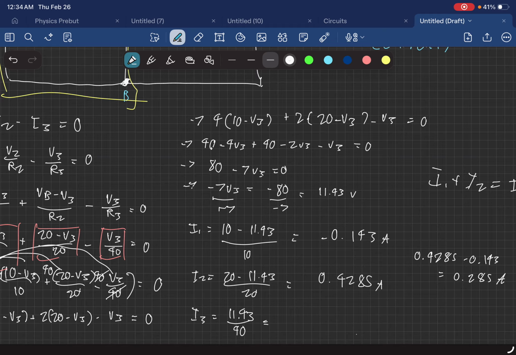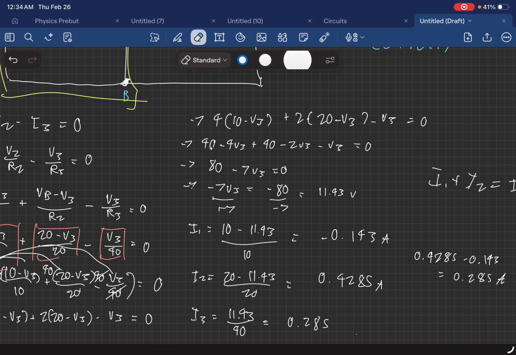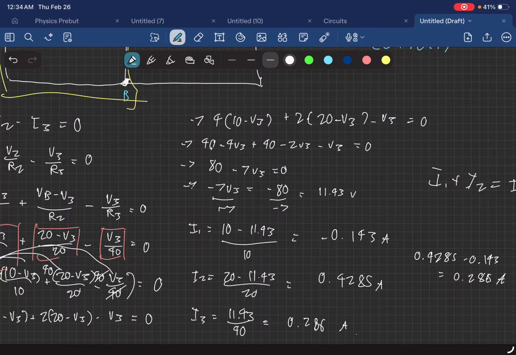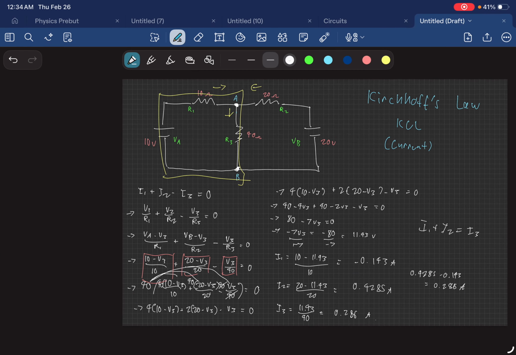So let's see if that's correct. 11.43 divided by 40 will give you the same, 0.285, or I mean 0.286, basically the same thing, amperes. Yeah, and we already solved the whole thing.